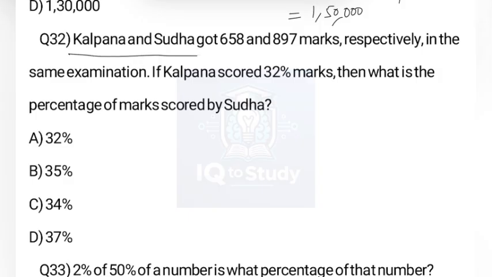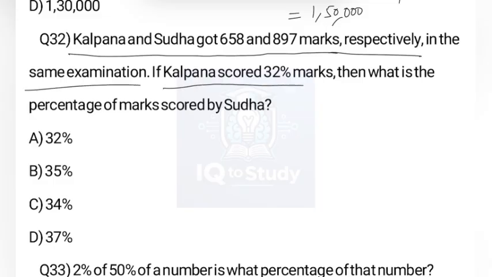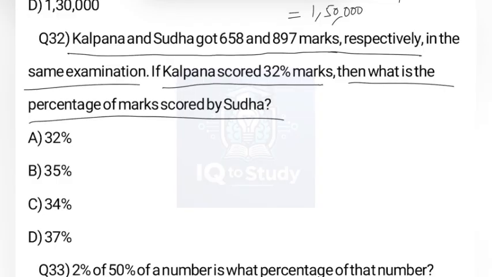Kalpana and Sudha got 658 and 897 marks respectively in the same examination. If Kalpana scored 32% marks, then what is the percentage of marks scored by Sudha? As we know Kalpana's scored marks and scored percentage, let's calculate total marks.